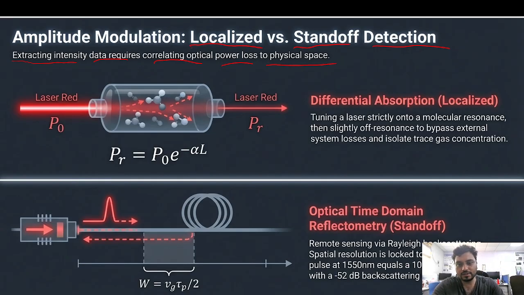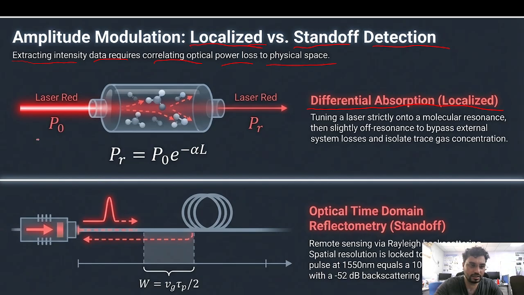The first is differential absorption, which is localized, and then OTDR, which is standoff. In localized detection, we tune a laser strictly onto a molecular resonance, then slightly off resonance, to bypass external system losses and isolate trace gas concentration.